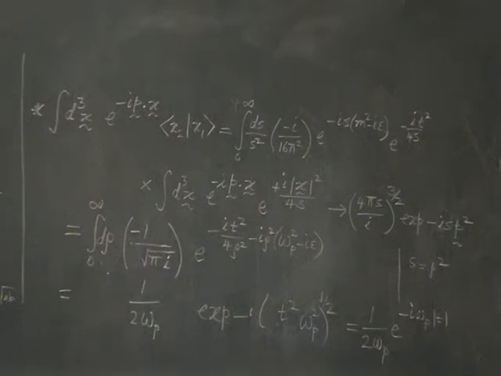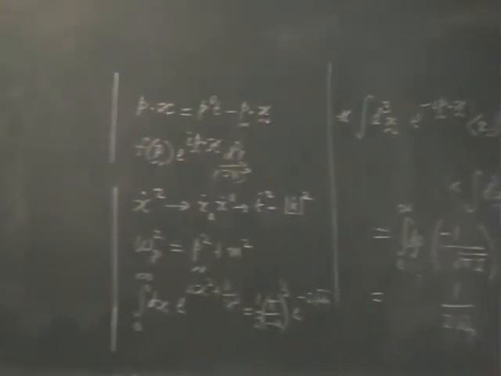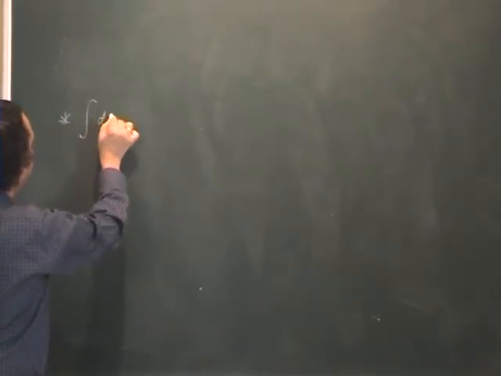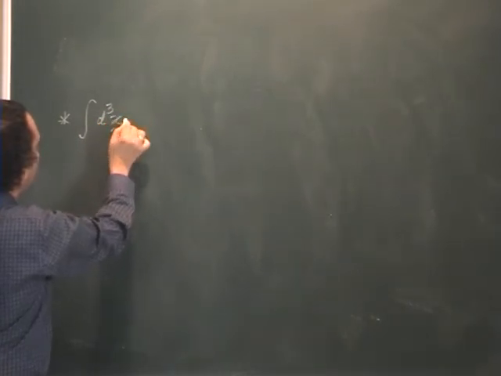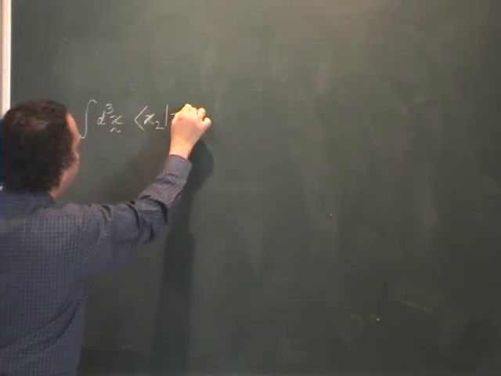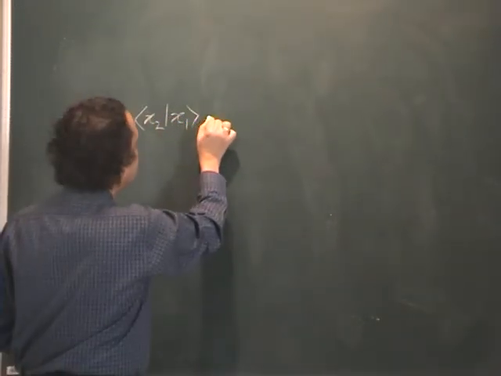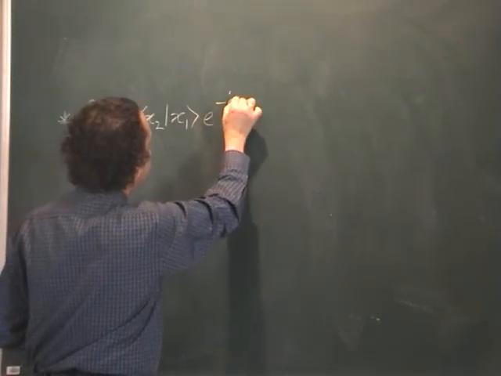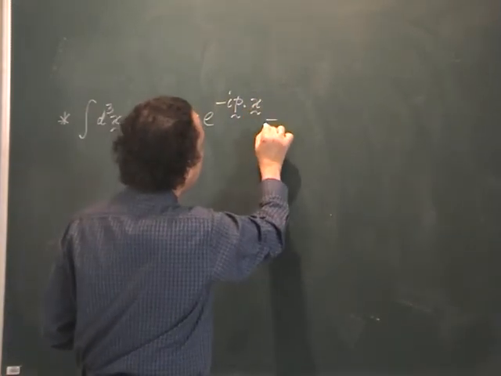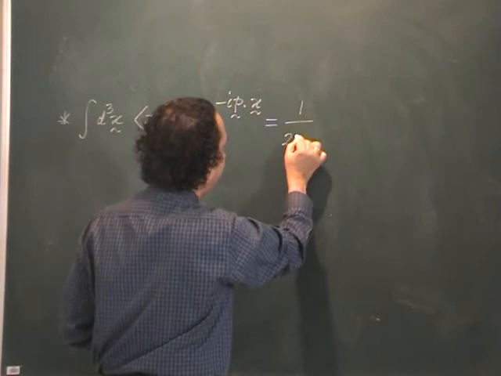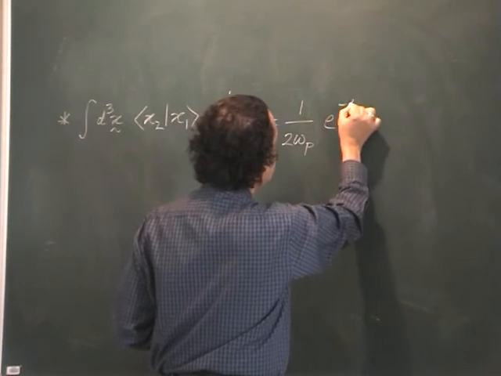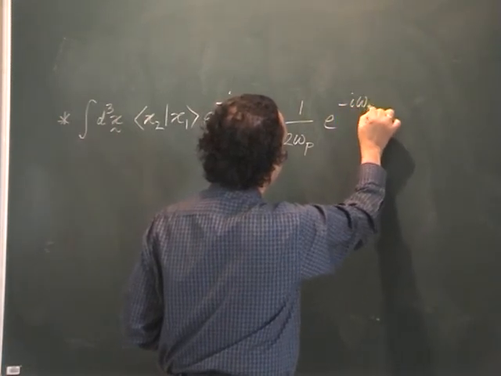What we have proved, just writing down the first line and the last line, is that integral over d3x of x2, x1 e to the minus I p dot x is given by 1 over 2 omega p e to the minus I omega p modulus of t.